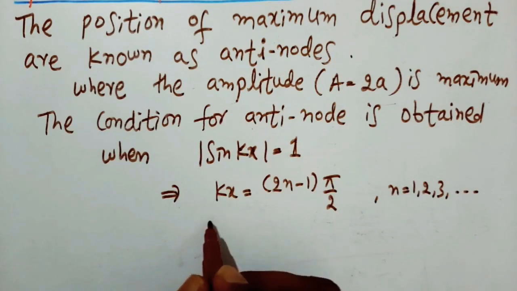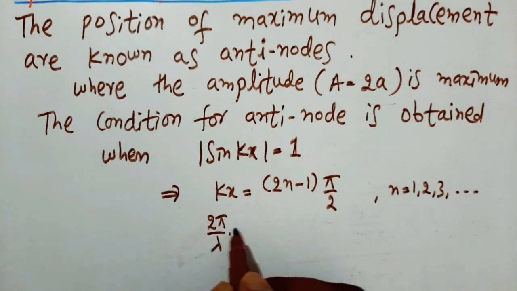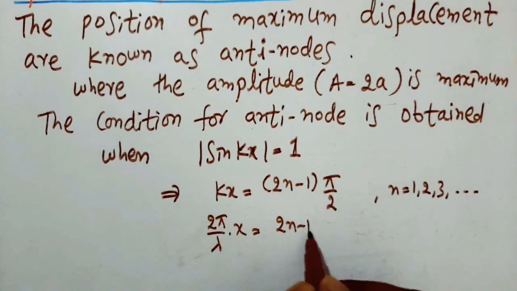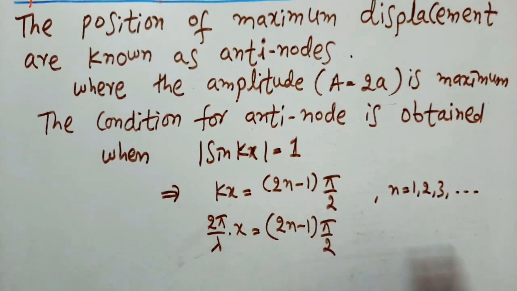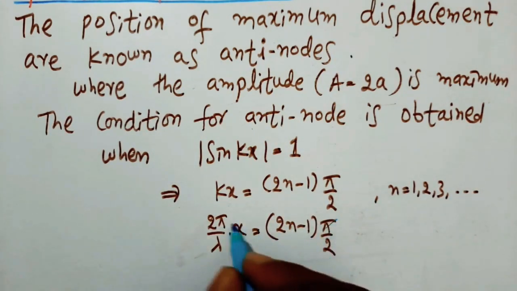We know k is equal to 2 pi by lambda, so 2 pi by lambda into x is equal to (2n minus 1) into pi by 2. Here pi cancels.